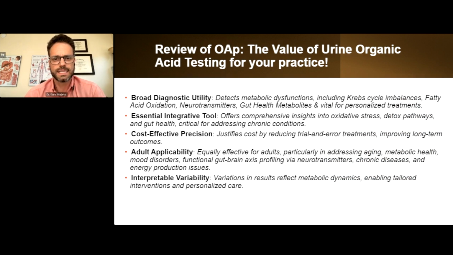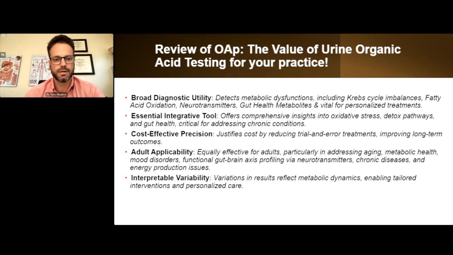So we talked about a lot today. Real quick to review, we have a broad diagnostic utility with the urine organic acid testing for your practice here through DSL. It's a very integrative tool, can really work in conjunction with other tests you already do, and is cost efficient. The test is more cost efficient than a lot of other organic acid tests out there on the market, under $250.